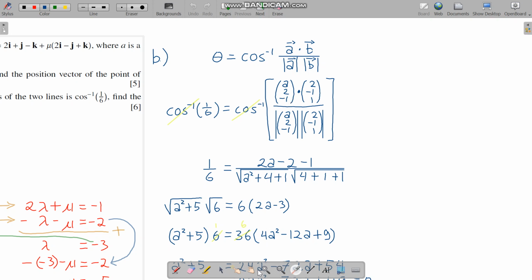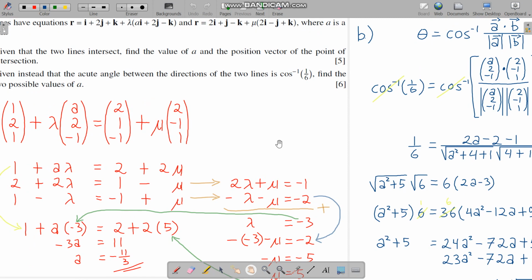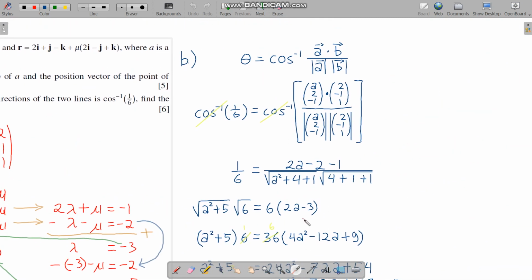We are using the line direction only, so we are using the one with lambda and mu: a 2 minus 1, and 2 minus 1 1. For the magnitude we use the square root of a squared, 2 squared is 4, minus 1 squared is 1, so 4 1 1. And for the dot product, a times 2, 2 times minus 1, times 1.